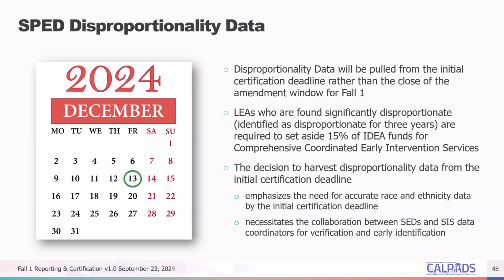And so you want to make sure that the race ethnicity data in the SEDS system for the students with disability is mirrored in your student information system, which is going to submit it to CALPADS. So that's the coordination that is needed. Also, when we cover the reports and we come up with some methods of how to identify disproportionality, you want to share this with your SEDS data coordinator as well.